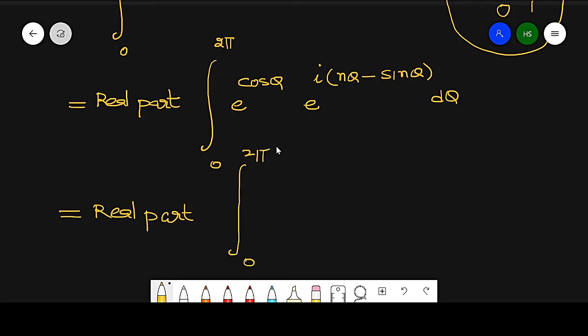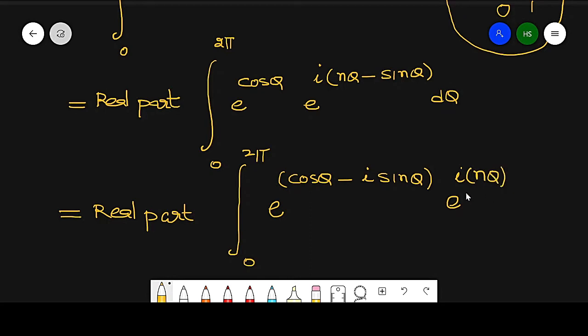So what is this integration? e raised to power cos theta minus iota sine theta, and e raised to power iota n theta.